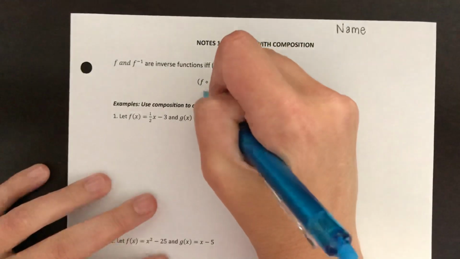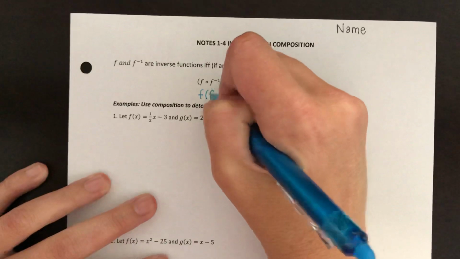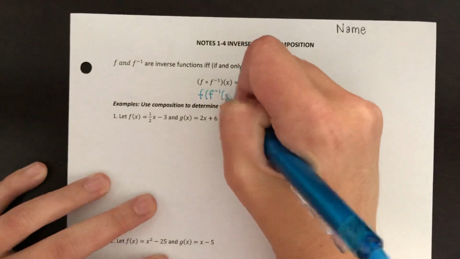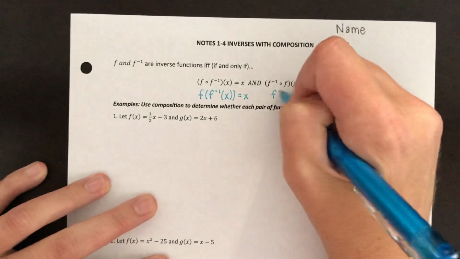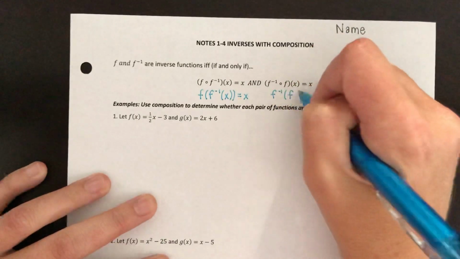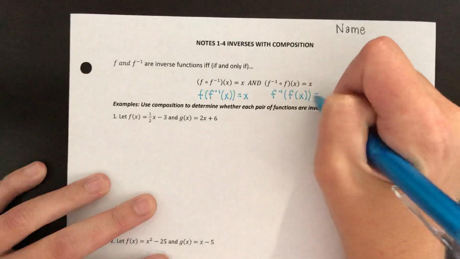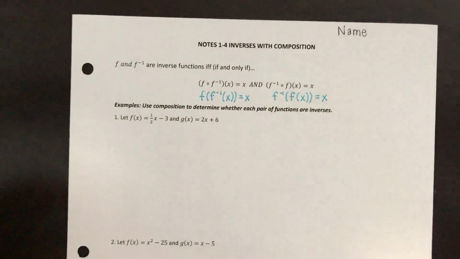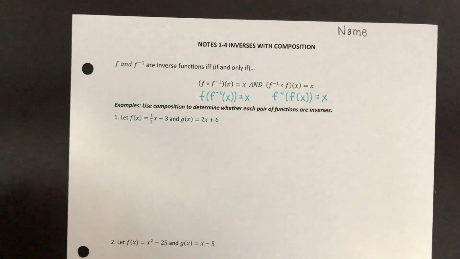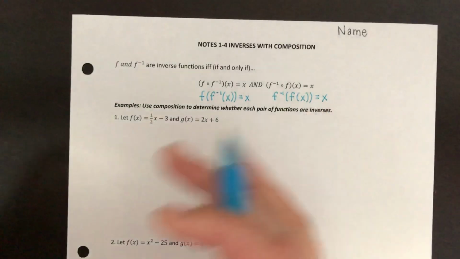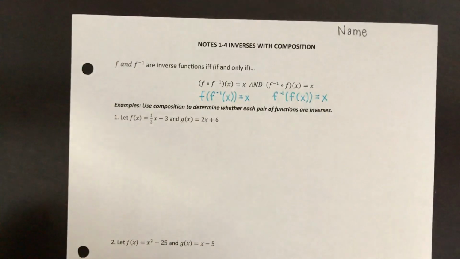What it really means is F of F inverse of x equals x, and F inverse of F of x equals x. So basically, when you plug the two equations into each other, they both must equal x. So I know that's a mouthful, but I promise by the end you'll really get the hang of this.